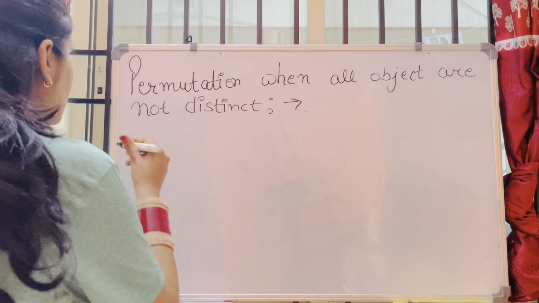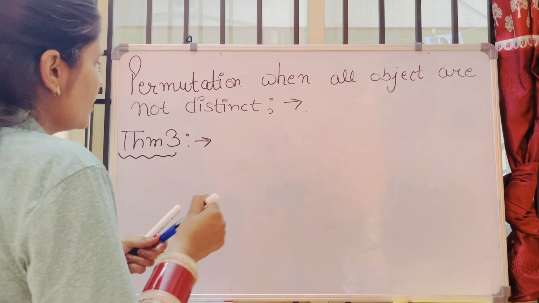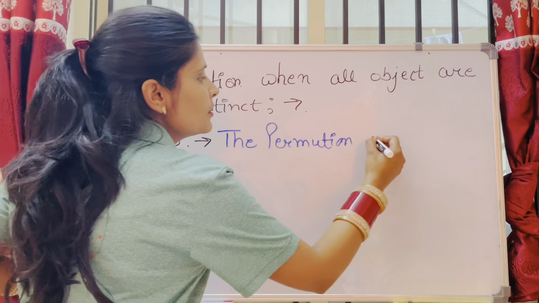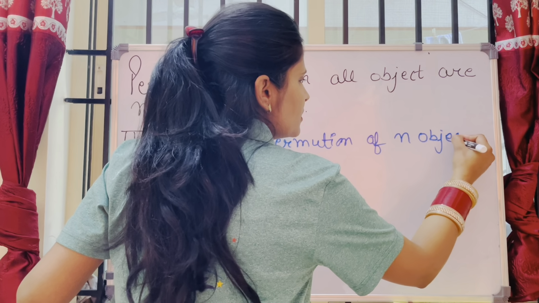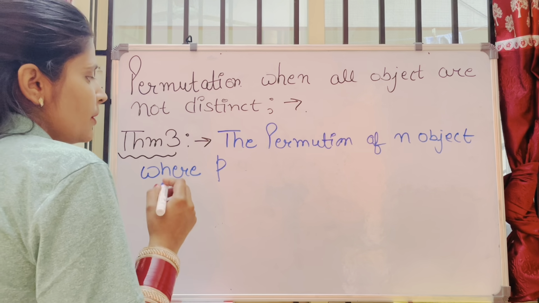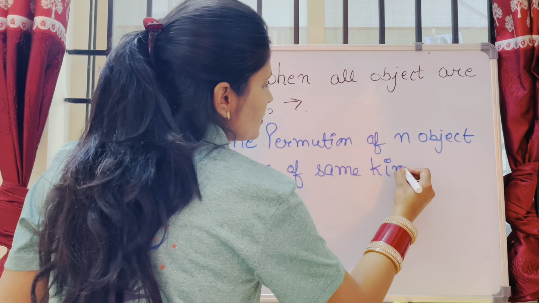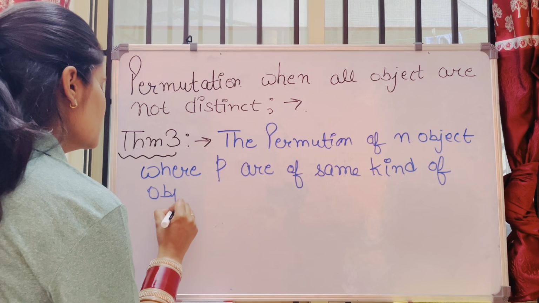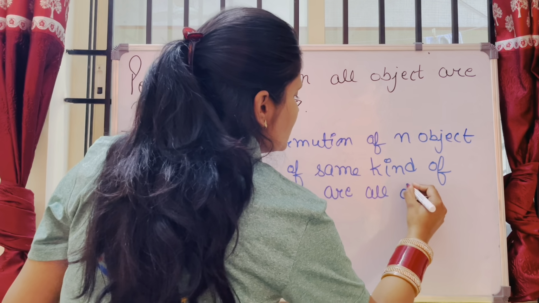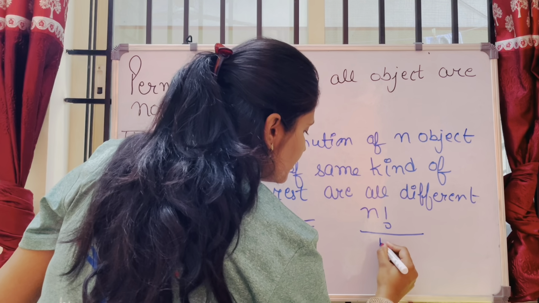So our third theorem is theorem number three, that is the number of permutations of n objects where p are of the same kind of object and the rest are all different, which is equal to n factorial upon p factorial.